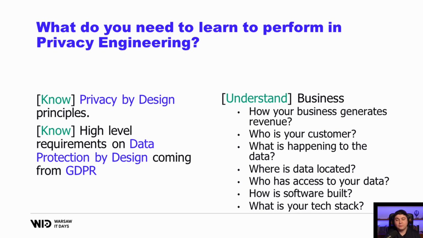Knowing that will also be guided through some additional questions such as how software is built, what is your tech stack. So there are a lot of moving elements which you'll need to learn and understand so you can perform really well in the area of privacy engineering.